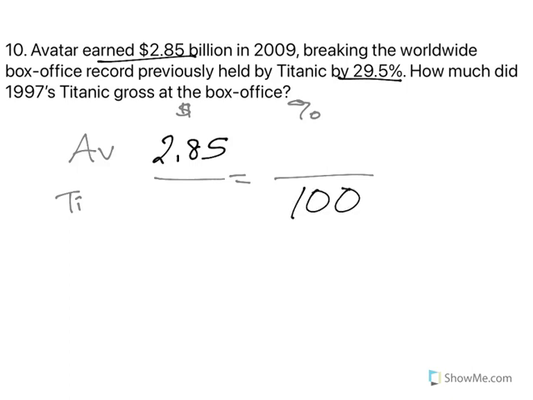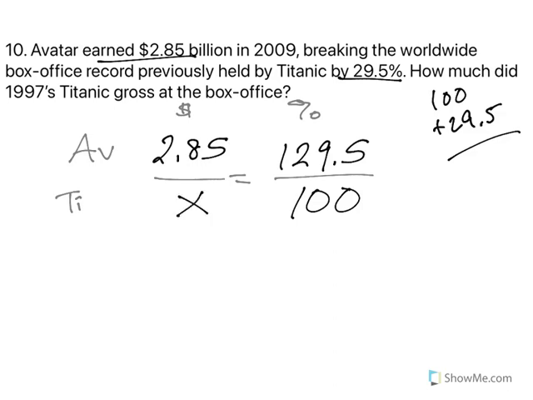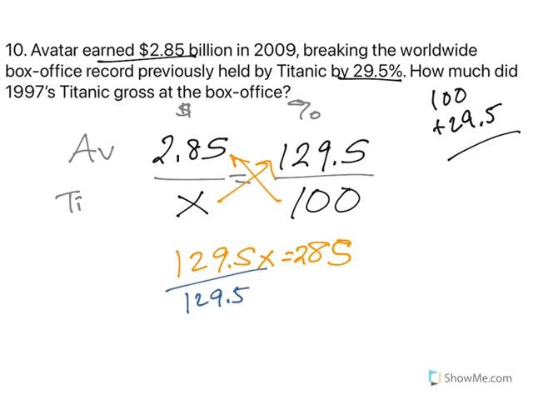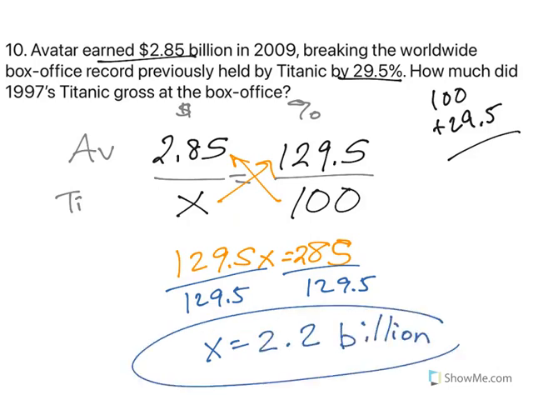So Titanic will be our reference because Avatar beat it by 29.5%. That's addition. So 129.5 would be my numerator. We're trying to find the amount for Titanic. So we cross multiply. 129.5x equals 285. We divide both sides by 129.5 and end up with roughly 2.2 billion. I rounded there. So this is telling us that in 1997, Titanic grossed $2.2 billion at the box office.